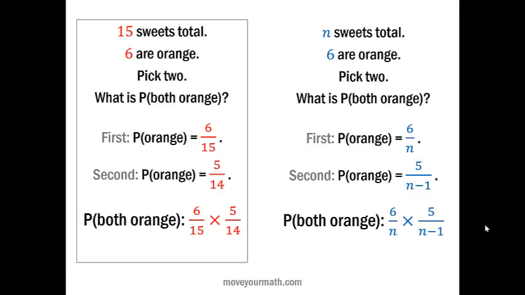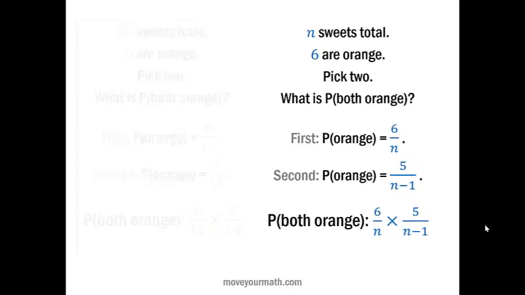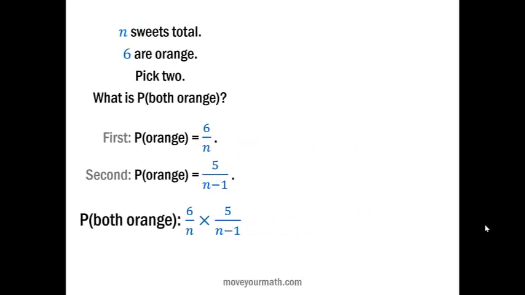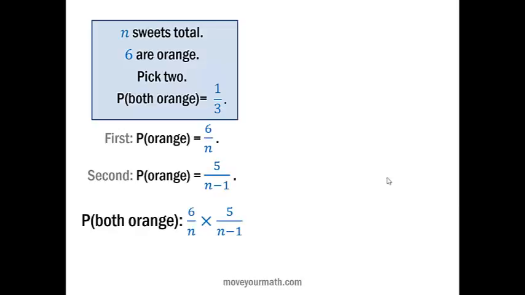And now I can forget about the red bit. I've got the information I need about the situation that Hannah was in with n sweets in total. But now I want to remember that we weren't asked to find the probability that both were orange. We were told that the probability both were orange was a third.